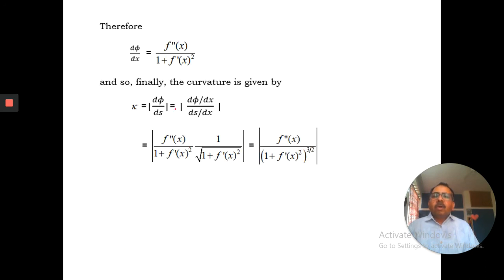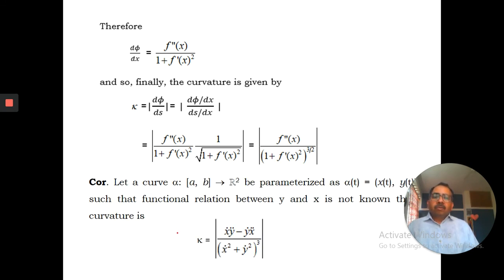So substitute the value of d phi by dx and similarly ds by dx. So we got this formula, which is valid for a curve y equal to f(x), or a parameterization in which we know the functional relation between the x coordinate and y coordinate.